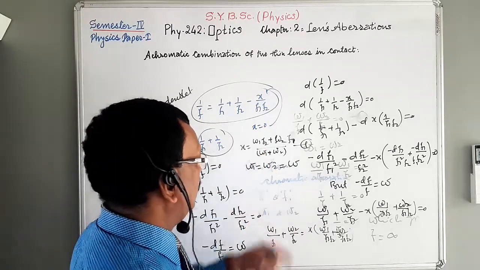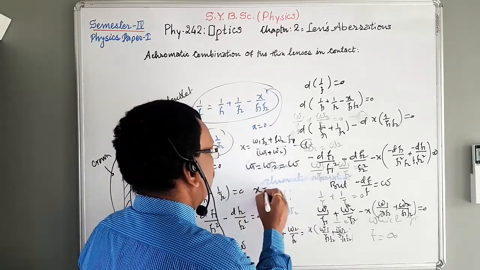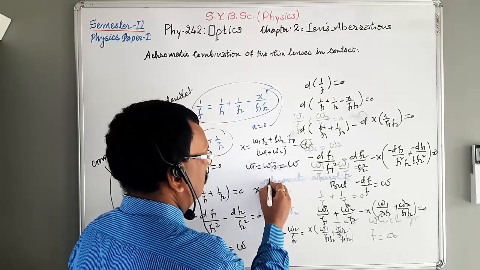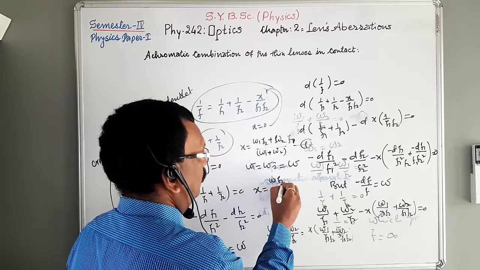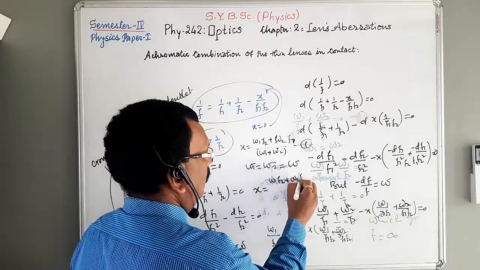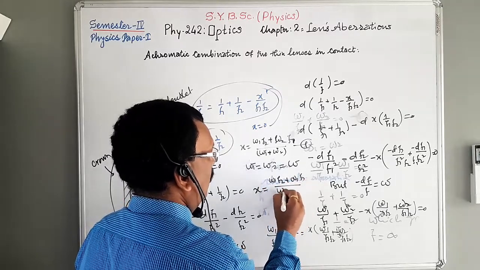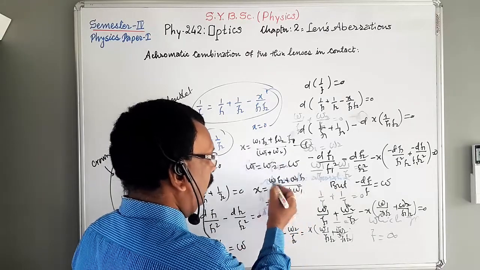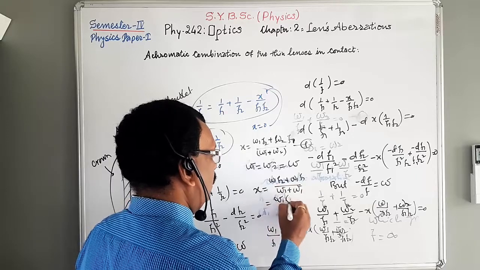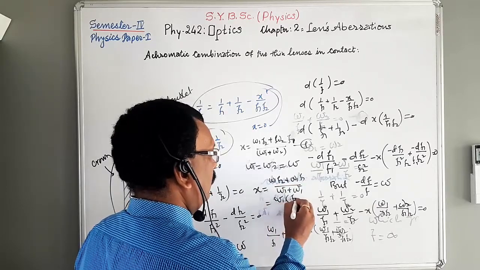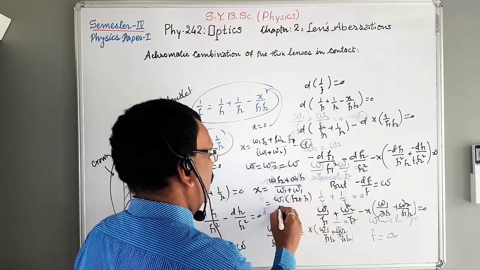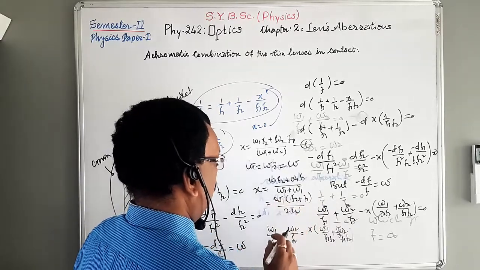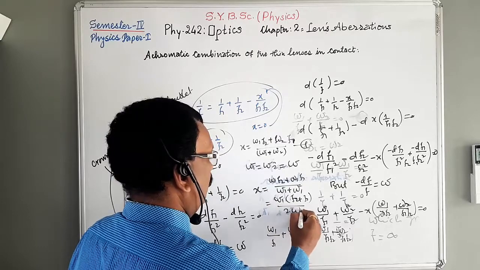When we substitute this in this equation, then x is equal to (omega 1 f2 plus omega 1 f1) upon (omega 1 plus omega 1). We take omega 1 as common, so f2 plus f1 upon 2 omega 1.